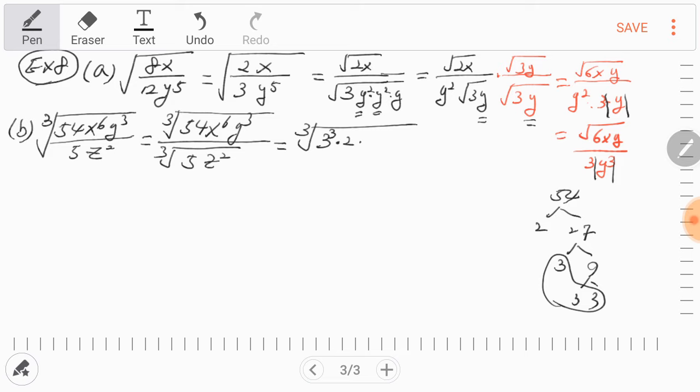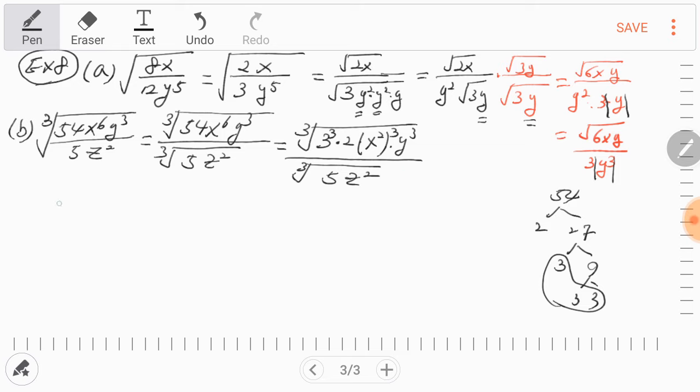And x to the 6th power. 6 is 3 times 2. So let's make it 2 times 3. 6 is 2 times 3. So why don't we make it x squared to the 3rd power. So 2 times 3 is 6. And the y cubed over. The denominator is cube root of 5z squared.